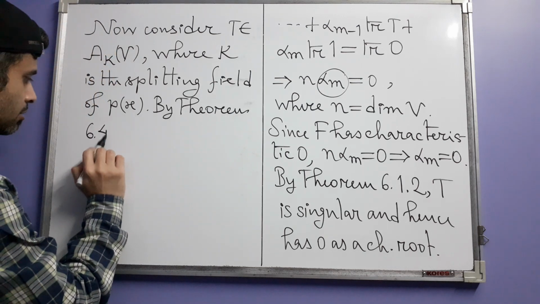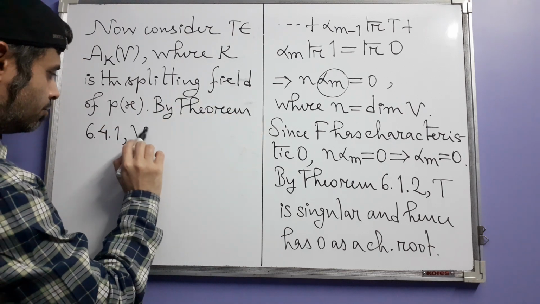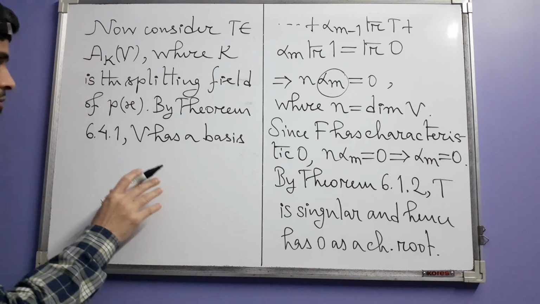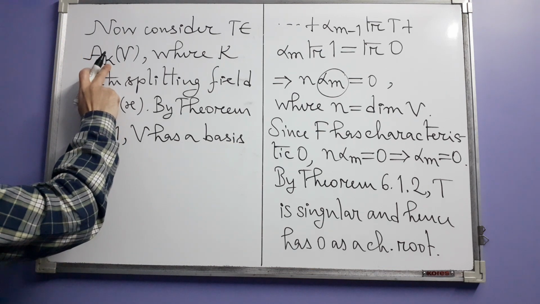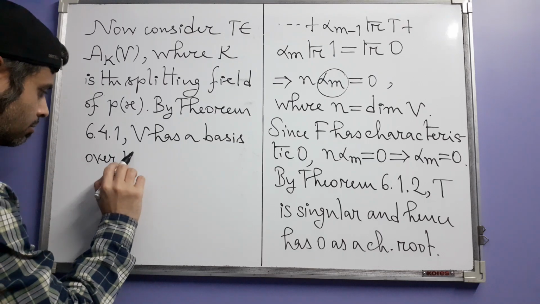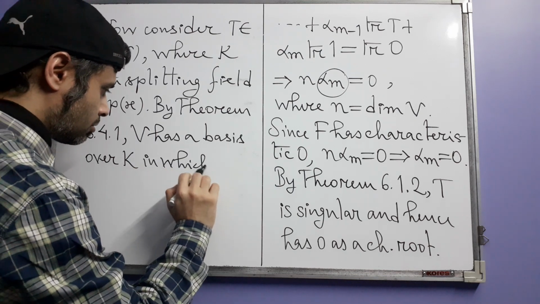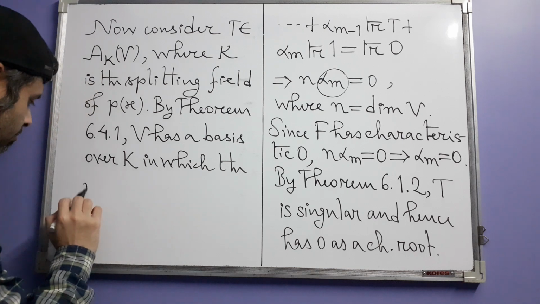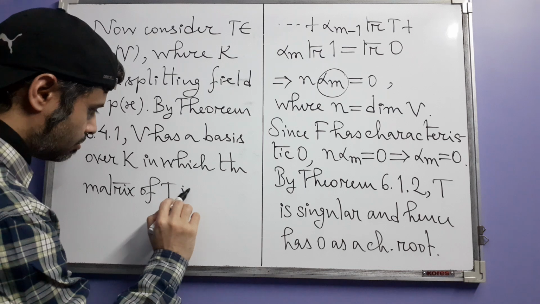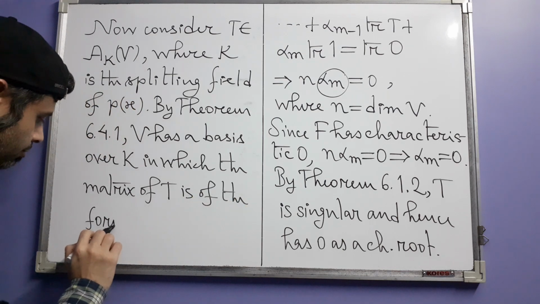By theorem 641, V has a basis. In order to emphasize that this is happening over K, we write so. V has a basis over K in which the matrix of T is of the following form.